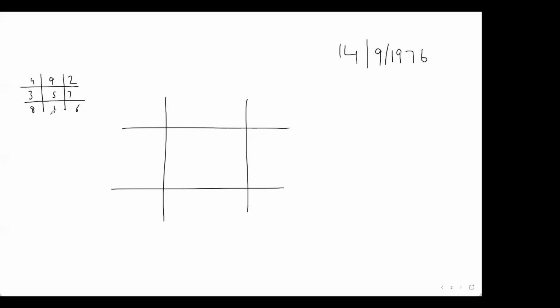We write 1 here, 4 here for 14, then 9 here for September, then again a 1, then a 9 for 1976, and we write 7 here, and 6 here. So this is the Loshu Grid for the person born on 14th September 1976.